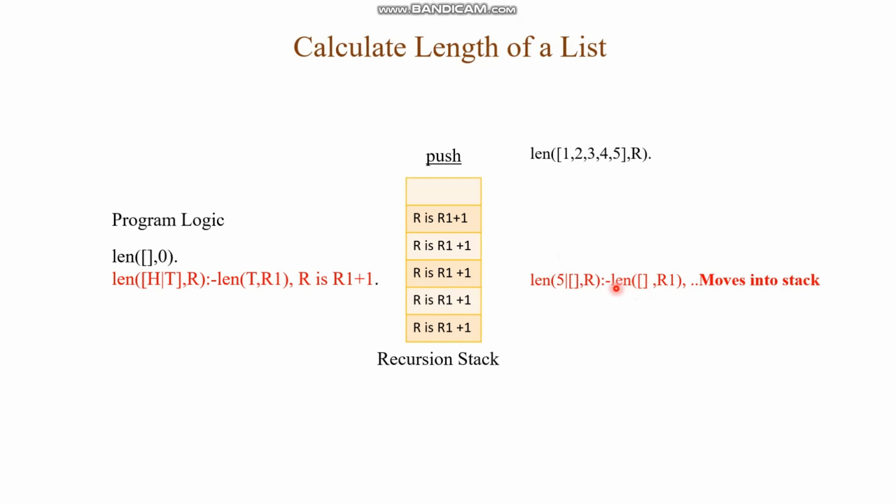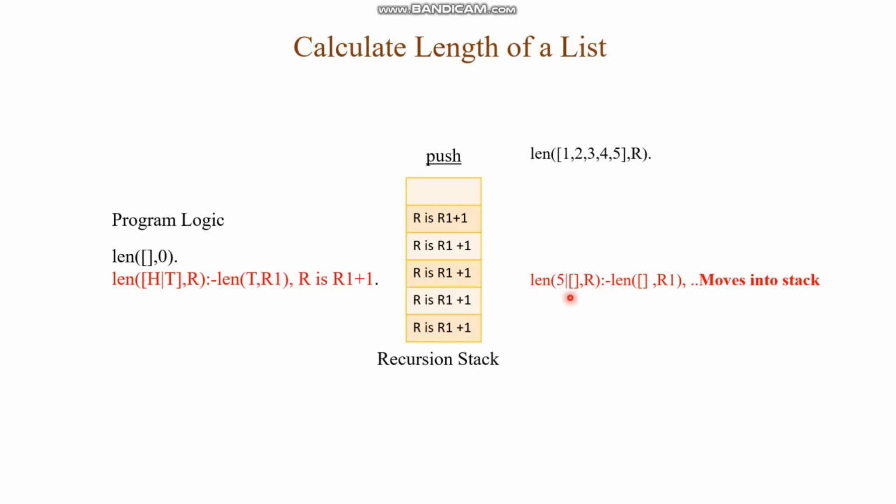Now once it is done, len of the empty list comma r1 will be called again from the beginning. Beginning means the base condition. Once the base condition is hit, in this case it will become true. So who called this empty list?